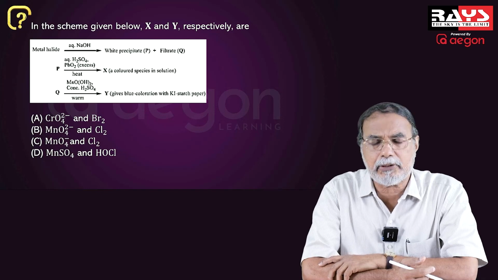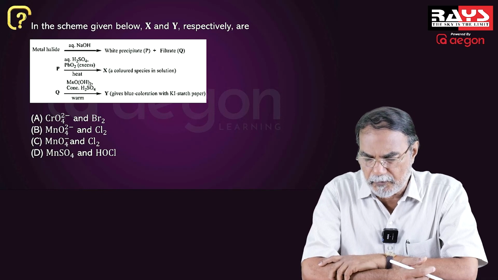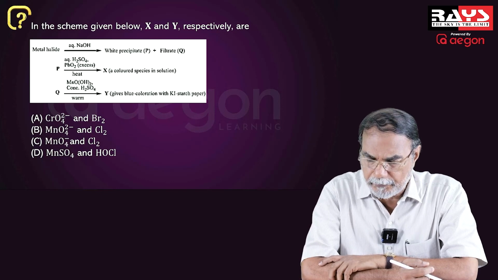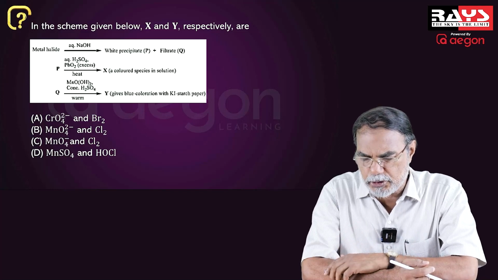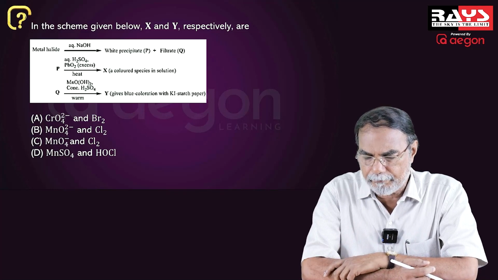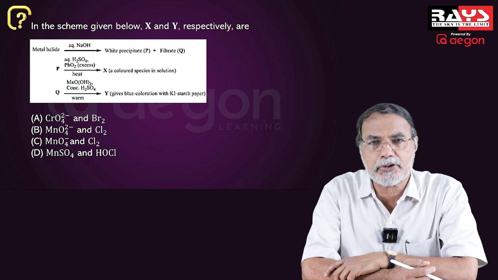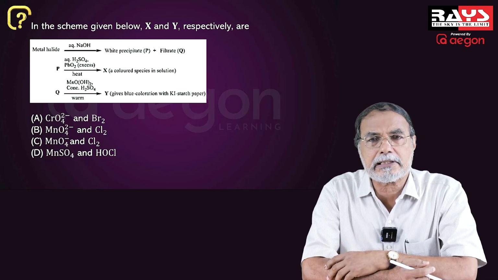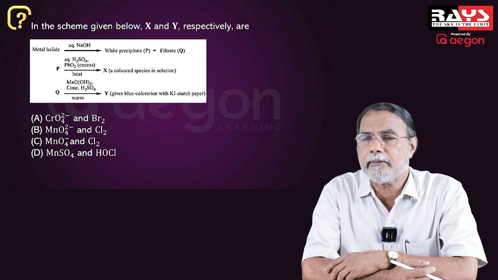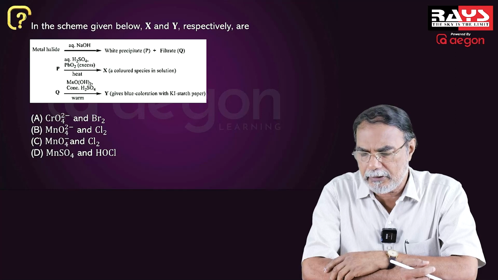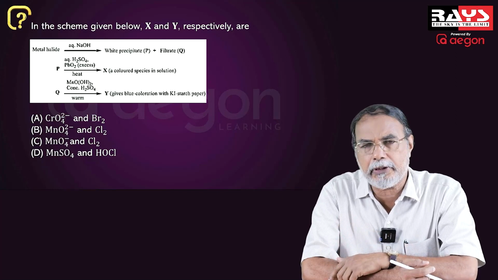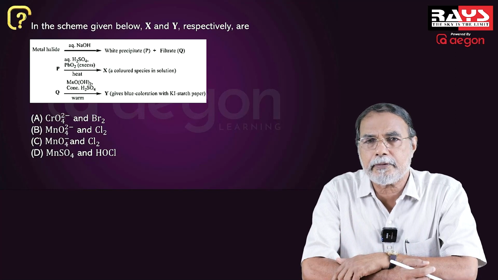This is a metal halide with aqueous NaOH, you have a white precipitate and filtrate containing the compound Q. And the second equation, this white precipitate P, on reaction with aqueous H2SO4, excess lead dioxide and heat, I think you can recall what this particular reaction is, to give a colored species in solution.